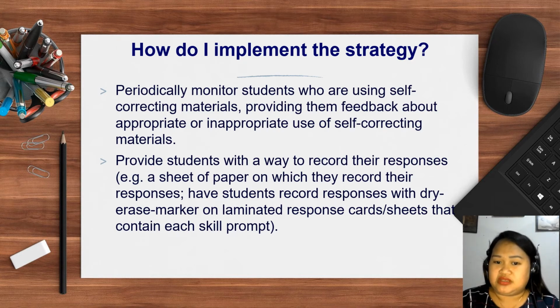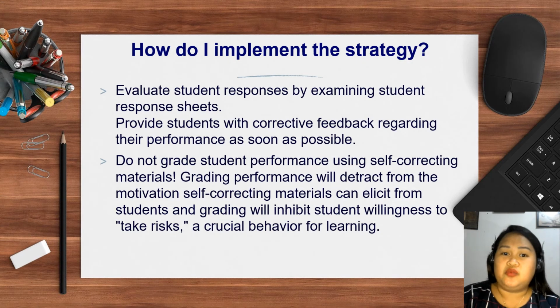So that is one of the examples of how the students should provide their responses. So the next way to implement this is to evaluate our learners' responses by examining student response sheets.